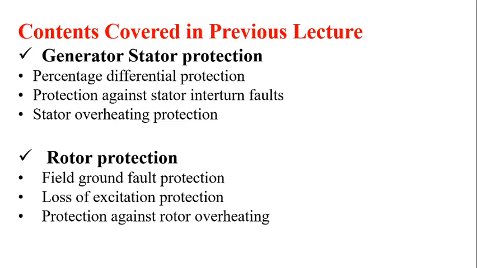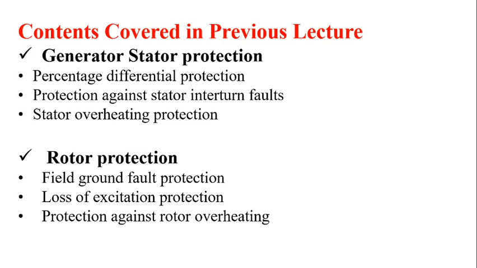Moving on to the rotor protection. For field ground, as we already know, the field is not connected to ground, so a single ground fault is not going to affect the performance of the rotor. But because of failure of the insulation, the fluxes produced may get hampered. Unbalancing of the flux and of the magnetic force may take place, because of which the shaft may become eccentric, or vibrations may occur in the generator.